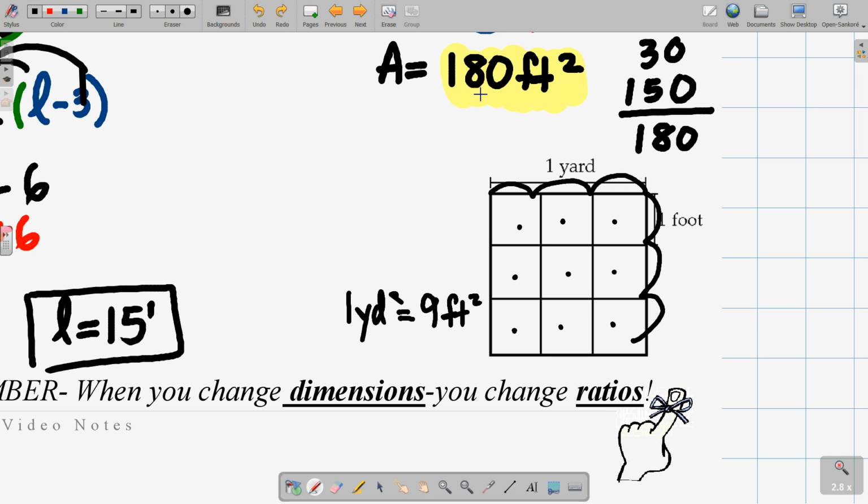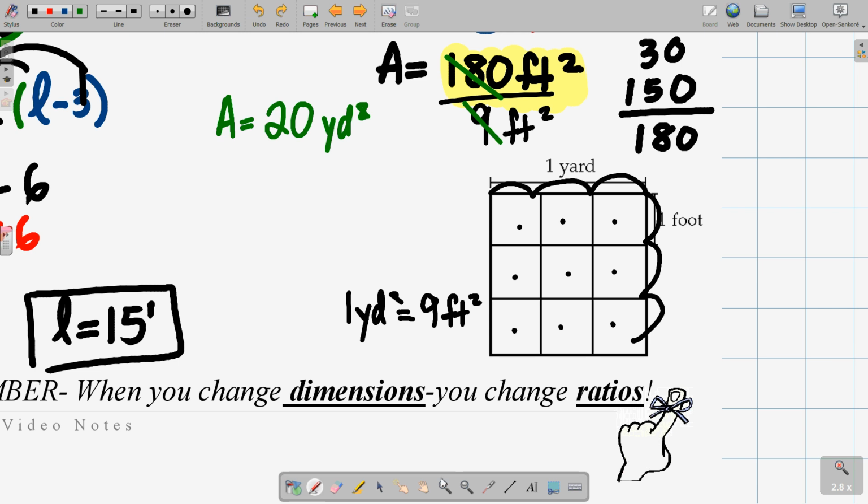So to get this into yards squared, we're going to divide by 9 feet squared. Now my units are the same. So 9 goes into 18 twice. We're going to add that 0. So my area of the patio in square yards is 20 yards squared.